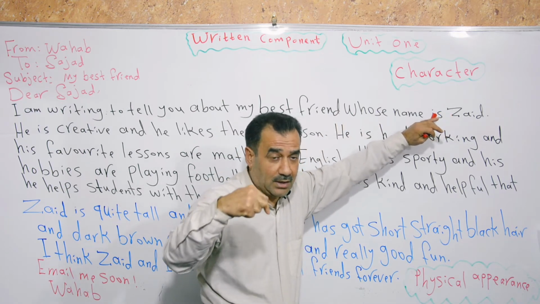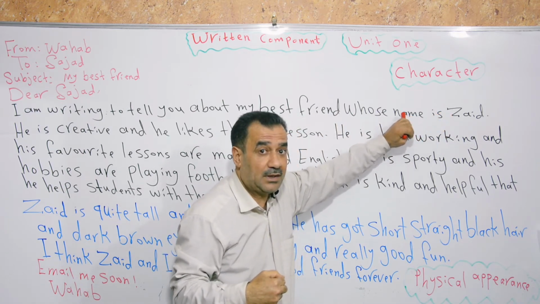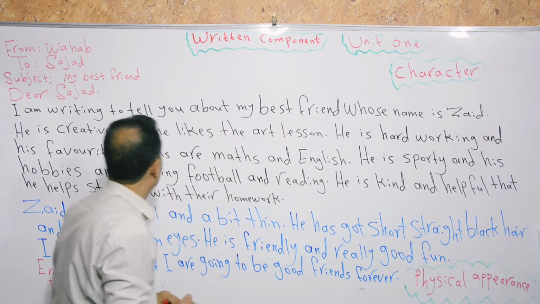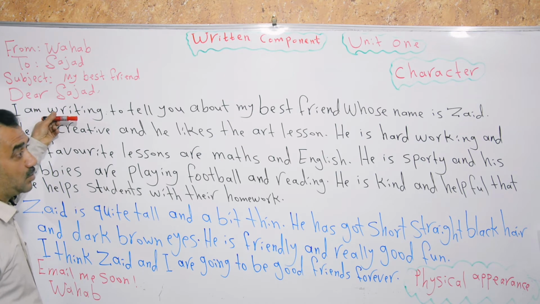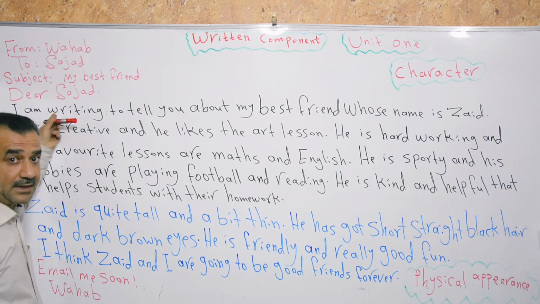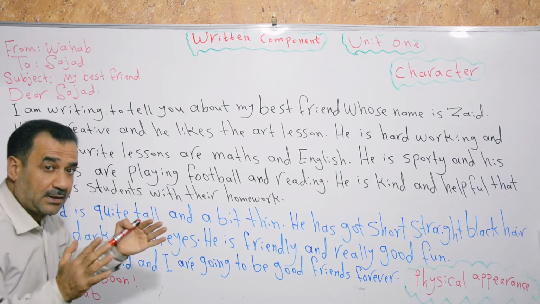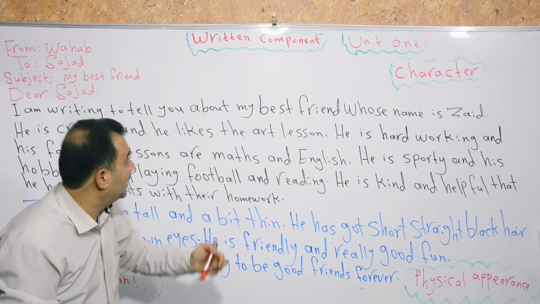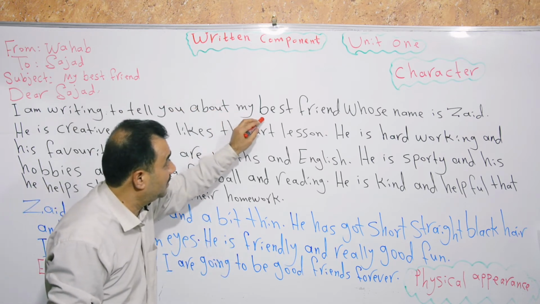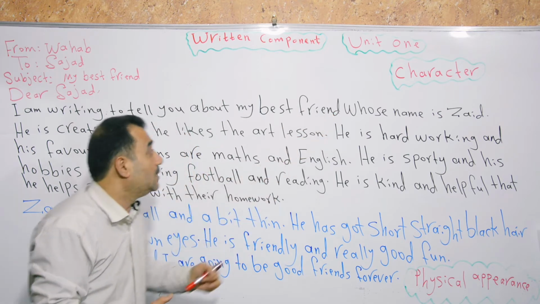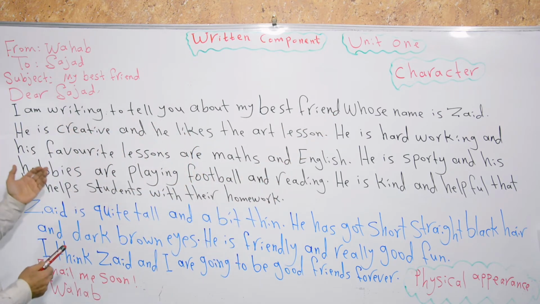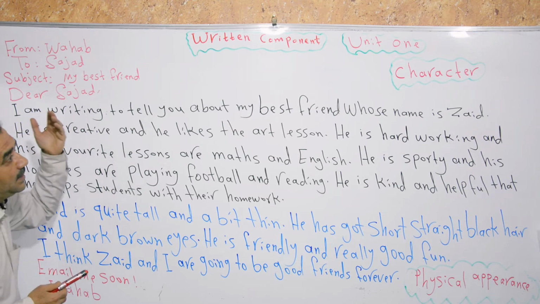We mention what? We mention the name of his friend. Here, introduction. So, the topic sentence, the unity of the subject we are talking about is the best friend, whose name is Zaid. Now, let's talk about his character.